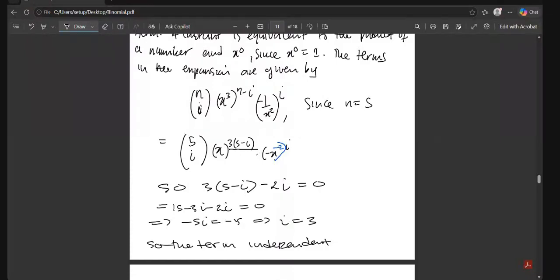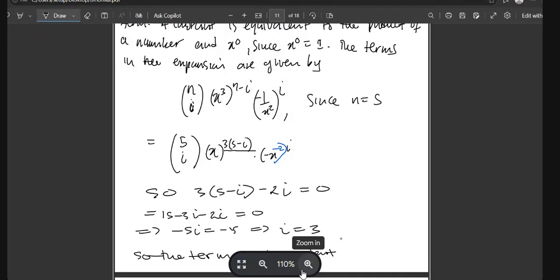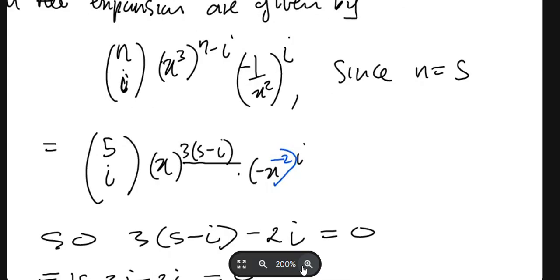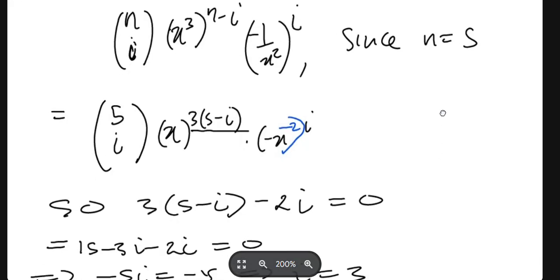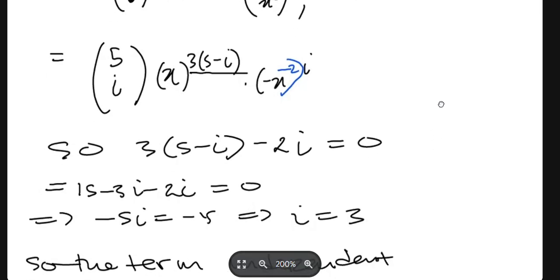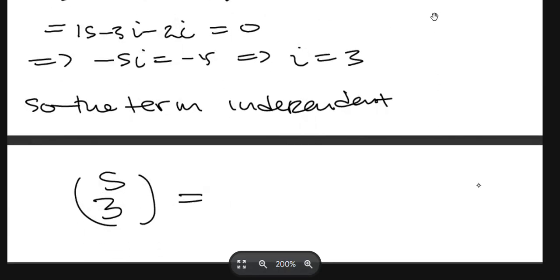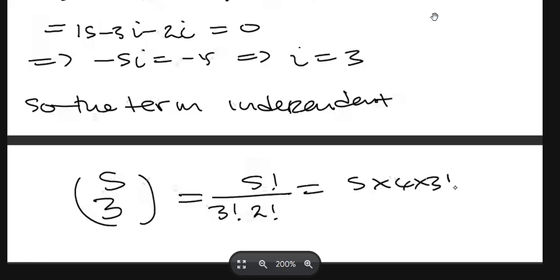All right, so we found I to be 3, and this is going to be equal to 5 factorial over 3 factorial times 2 factorial, which will be equal to 5 times 4 times 3 factorial over 3 factorial multiplied by 2 factorial.